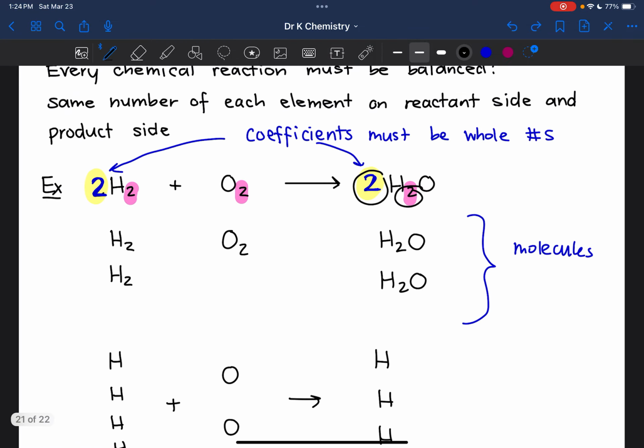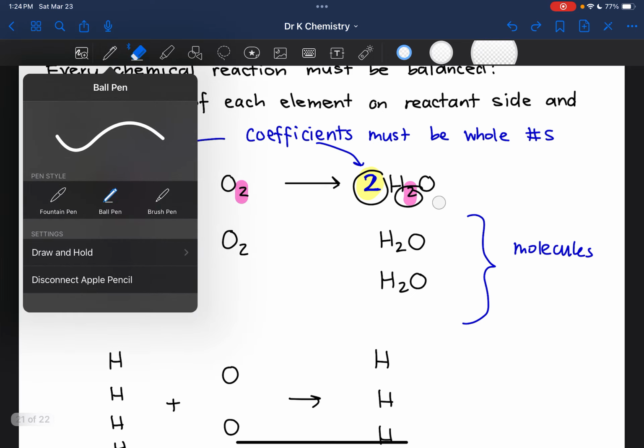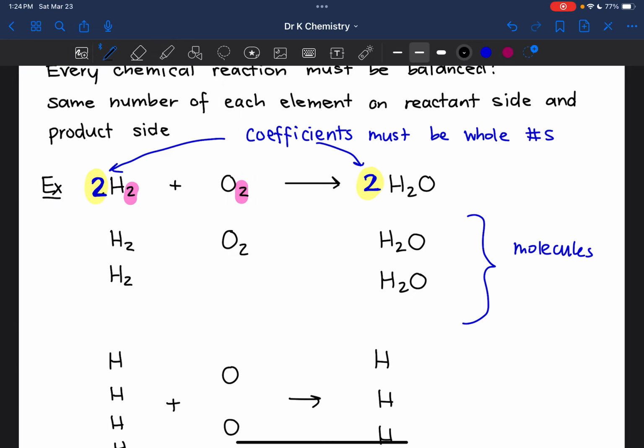And there is no subscript after oxygen here, which really means the subscript is 1. So this is 2 times 1, 2 oxygens.